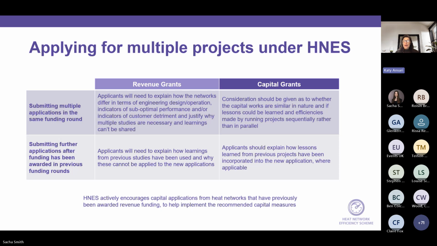So again, any differences in the heat network, why the lessons learned don't apply to the heat network you're applying for in future rounds. And in terms of capital grants, we do say any of the lessons learned in the previous projects should be incorporated into the new applications, where that's applicable.